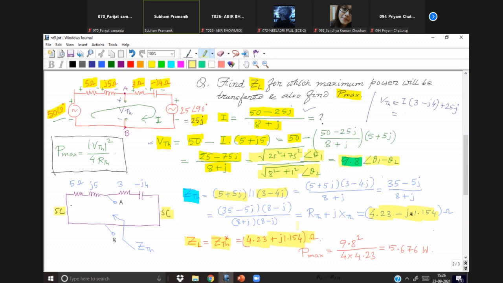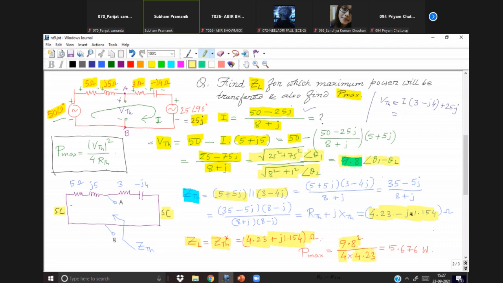Find ZL for which maximum power transfer will occur. Then the answer to the second question, Pmax, can be found as, remember, Pmax is mod VTH square divided by 4RL. So mod is this 9.8, square of that, divided by 4 into the resistive component.